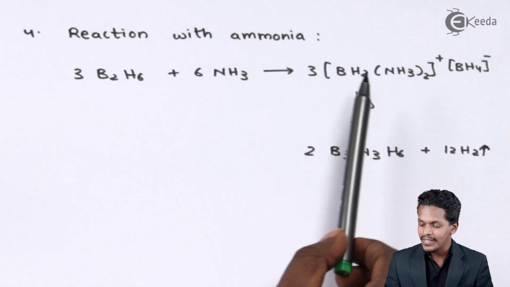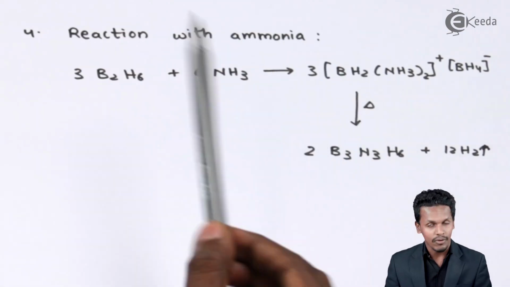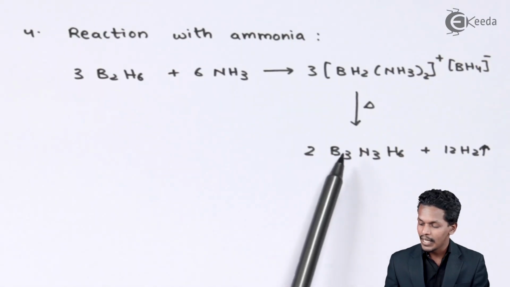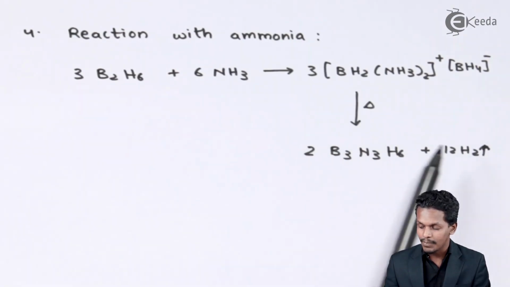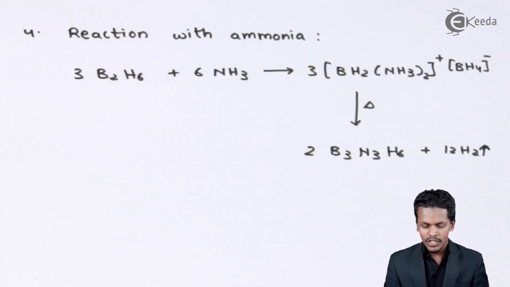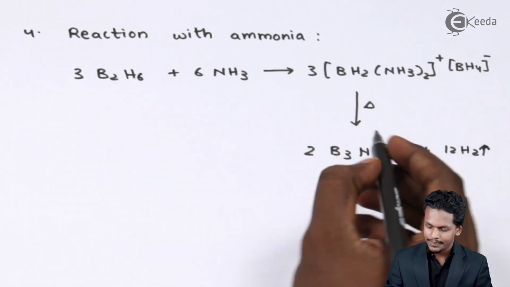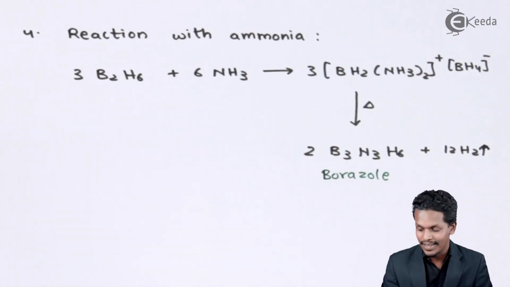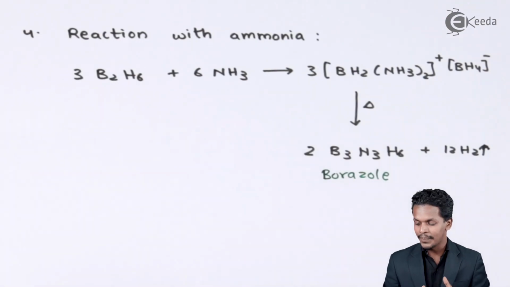And if that complex undergoes heating, the product that we will obtain in this case is B3N3H6 plus 12 moles of H2. The product that we have obtained over here is known as borazole, and borazole is also known as inorganic benzene, and that's the reason the product we have obtained is borazole, and this is how the reaction takes place.